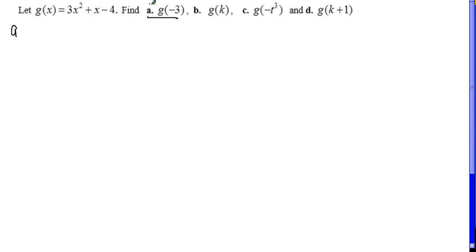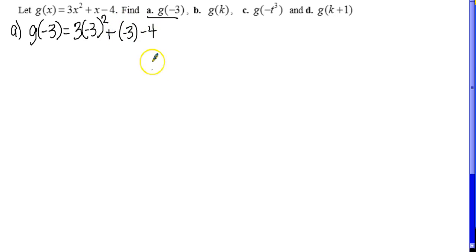That's what the function is. So we're going to take the g of -3. We're going to replace the x with a -3. Everywhere we see an x, we're going to replace it with a -3. Notice I'm using parentheses. Don't forget to do that, or you might get it wrong. Replacing all of the x's with -3s.